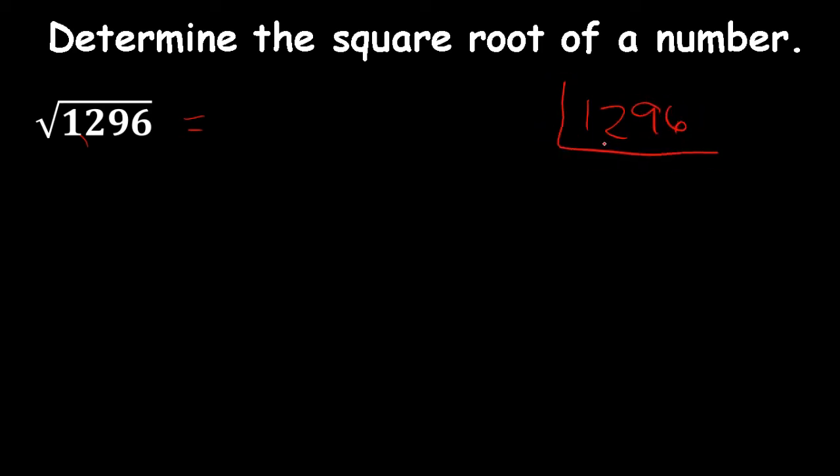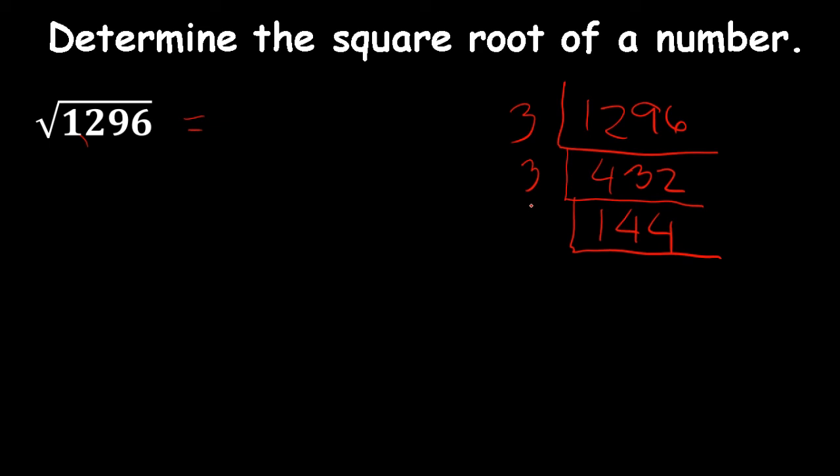The number that can divide 1296 according to our divisibility rule is 3. 1296 divided by 3 is 432. 432 can be divided by 3, and the answer is 144.